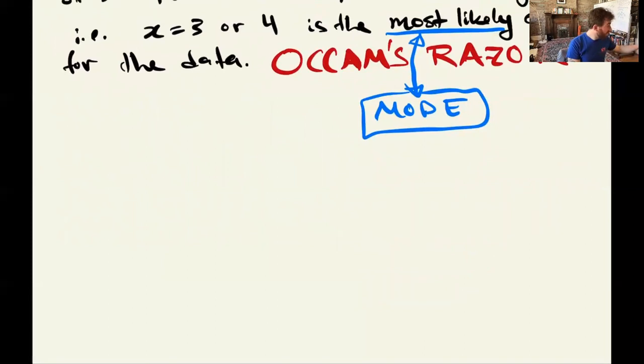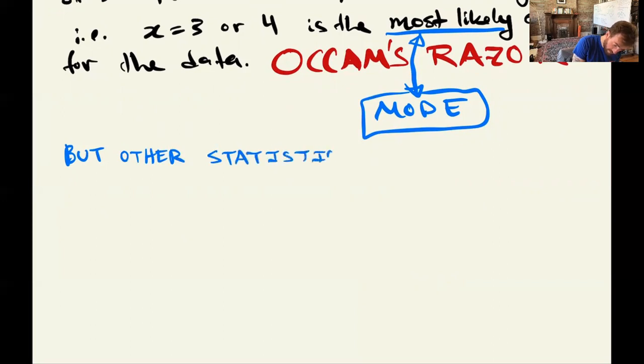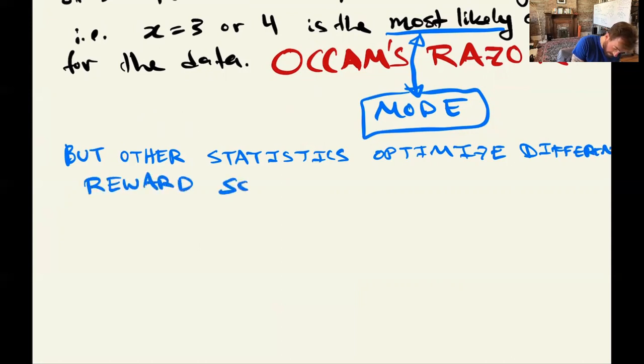So let's consider the situation of reward schemes, i.e. the median and mean.